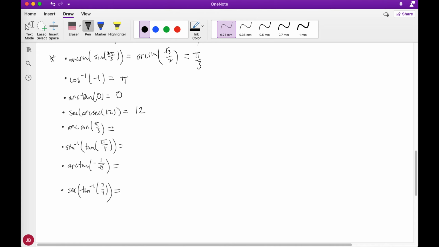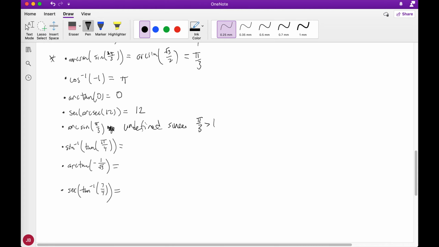And so we're not even going to get an equal sign there, it's just undefined, since pi over 3 is bigger than 1. And you've seen this before, when you were solving trig equations in the previous section.